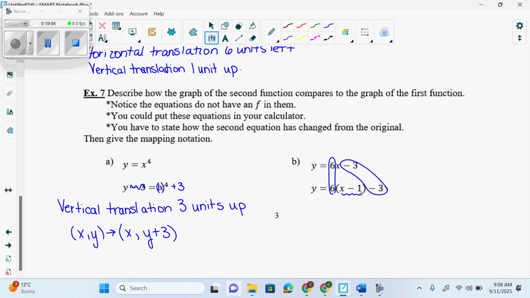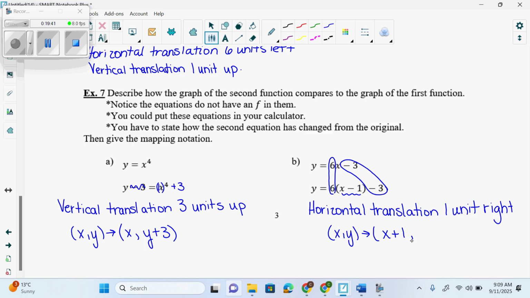So we're going over the equal sign. So what's going to happen with my x? Over the double-head arrow, what's going to happen to my x? It's going to switch. So it says x minus 1, which actually means horizontal translation 1 unit to the right. And then my mapping is the same as my words, so I get x, y becomes x plus 1, because that's how I move right. Y. Then flip over.